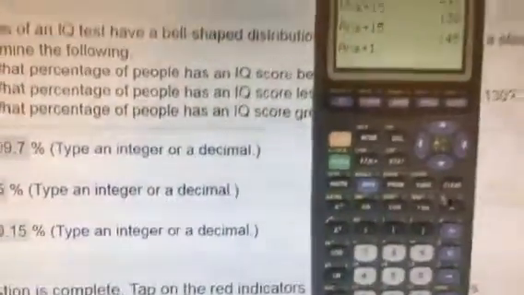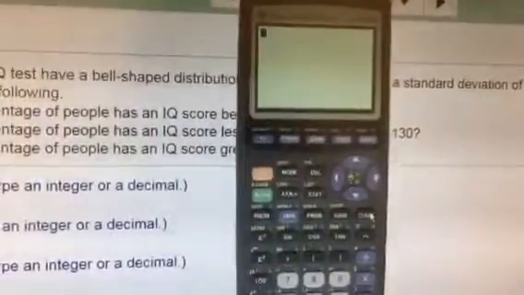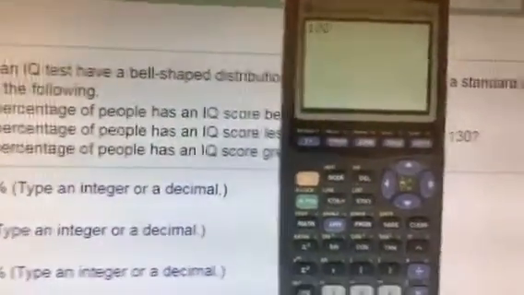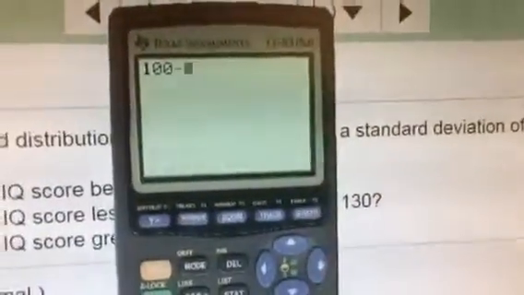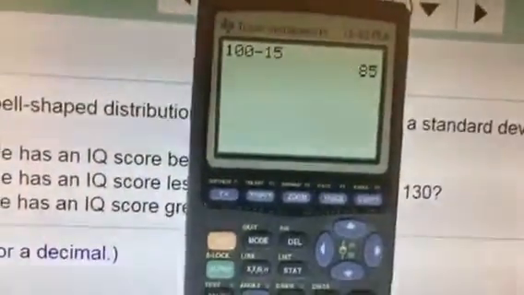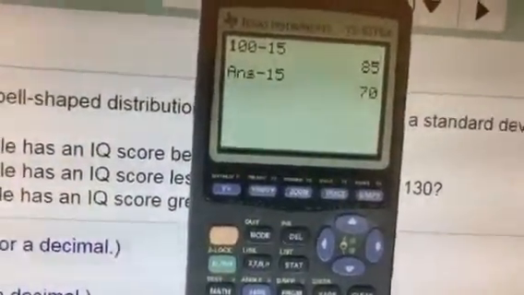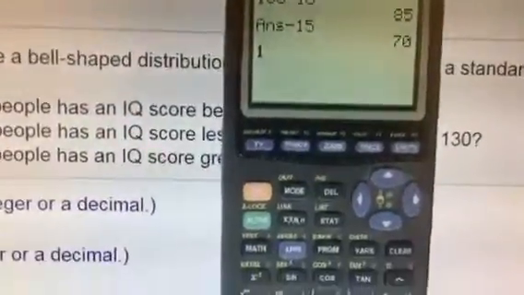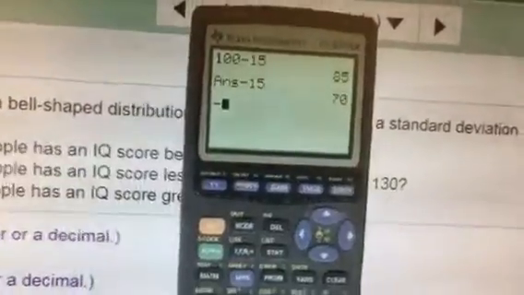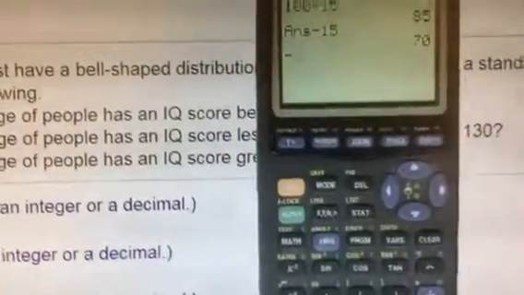So I'm going to clear my calculator, and I'm going to do 100 minus 15, and minus 15, and then minus 15 again. I'm trying to do this and hold it at the same time.